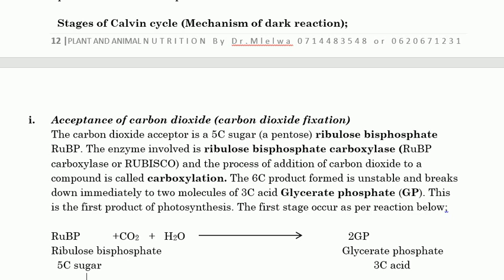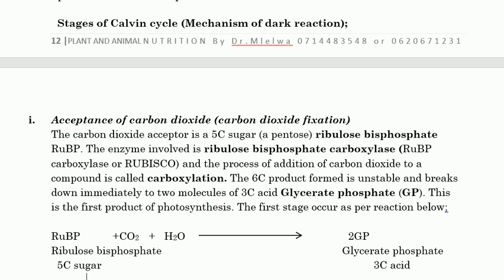So the carbon dioxide acceptance molecule is a 5-carbon sugar, that is pentose. 5-carbon sugars are called pentoses, as we discussed in biochemistry. That pentose is called ribulose bisphosphate, or in short form we can call it RuBP. The enzyme involved is ribulose bisphosphate carboxylase.